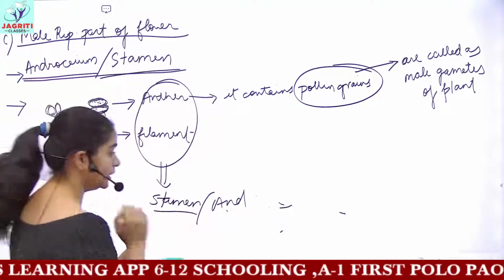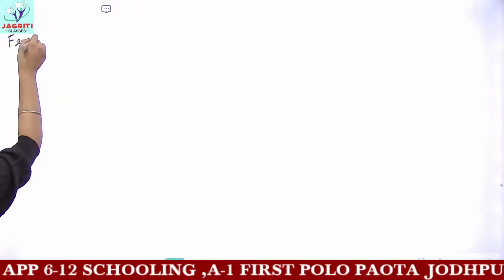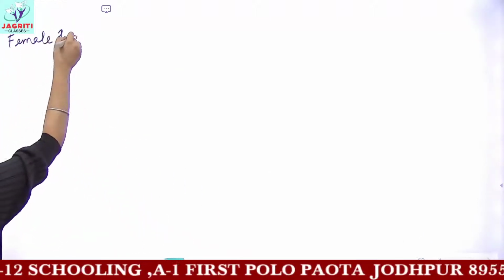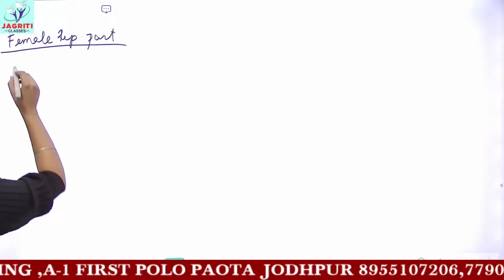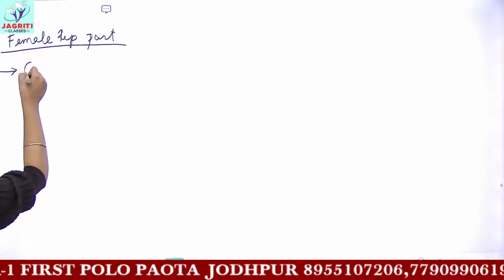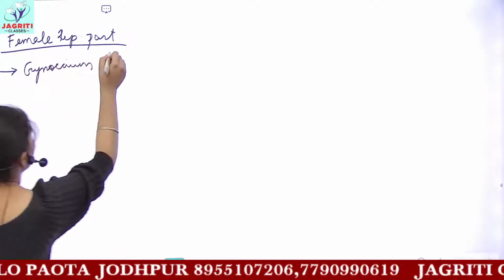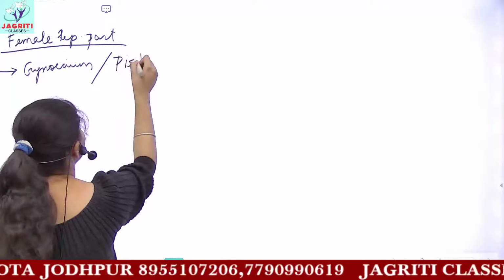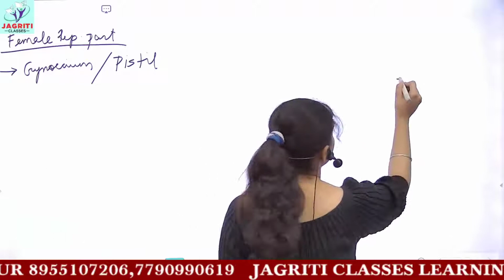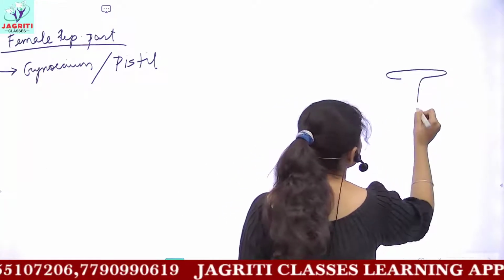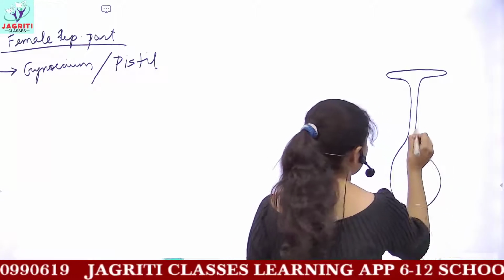Now talking about the next, which is your female reproductive part of the flower. This female reproductive part of the flower is called gynoecium, and it is even called pistil in general terms. The structure of this female reproductive part has a platform-like structure, then comes a tube-like structure, and then a bag-like or sac-like structure.